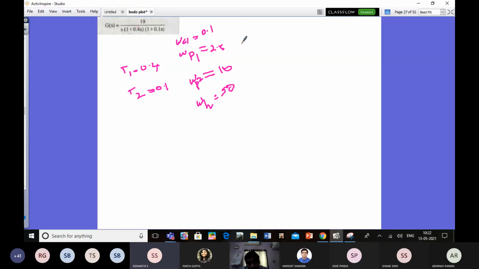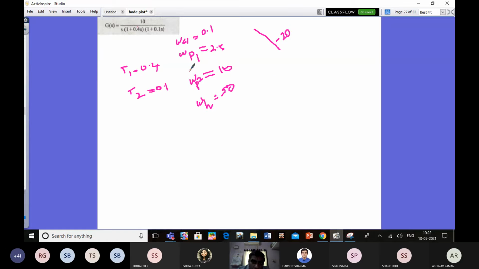Pole. Which pole? See the transfer function and tell me. One pole lying at the origin will be the first. A pole or zero lying at the origin always comes first. So it contributes a minus 20 dB per decade slope.